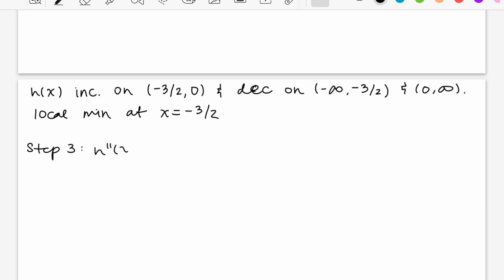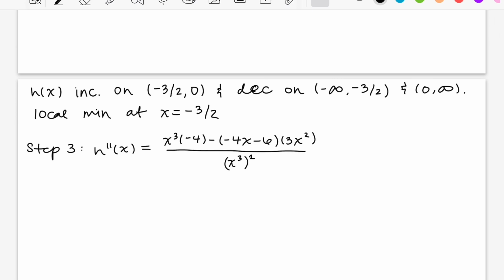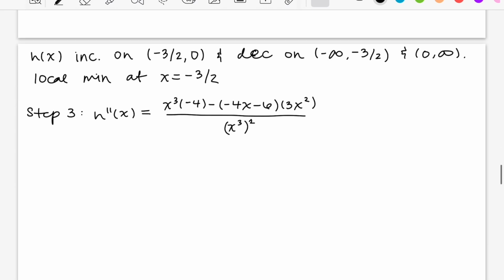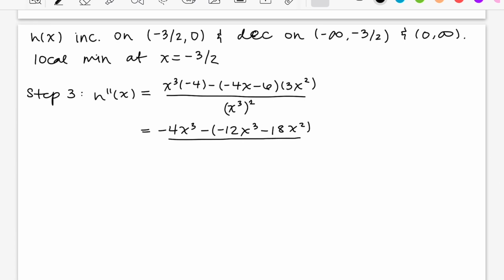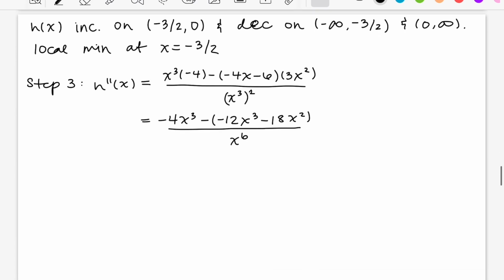So we'll do quotient rule again, all over our bottom function squared. All right, so we'll get this on the top here, and then x to the 6th power on the bottom.